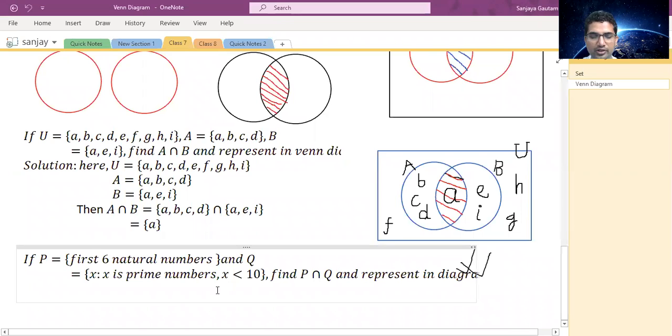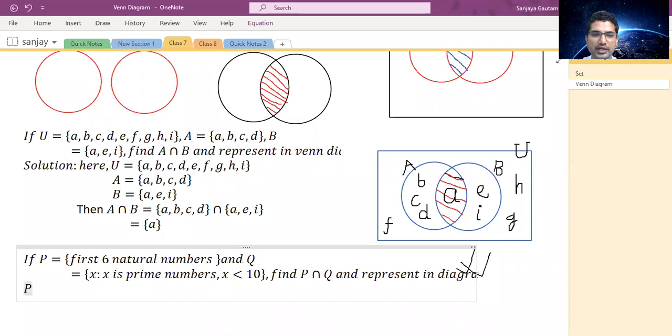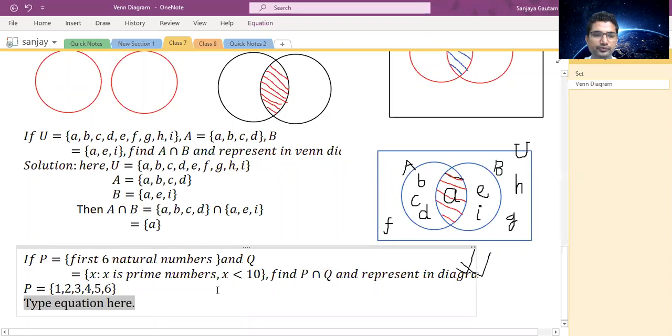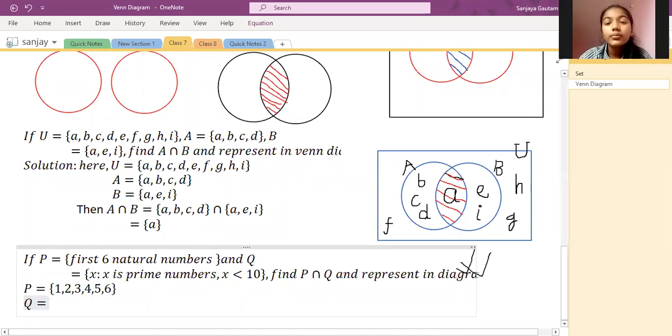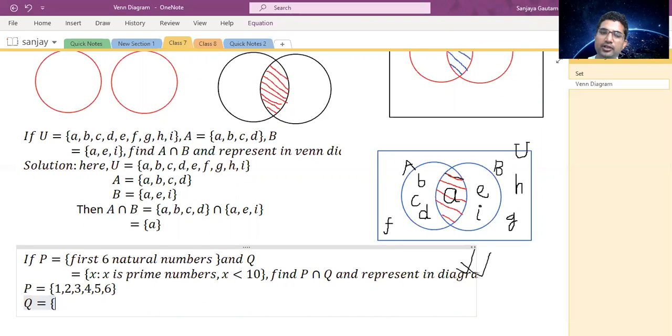Okay, so you can match your answers. So first 6 natural numbers: 1, 2, 3, 4, 5, 6, is it? Q is equal to how much? Q is equal to, x is a prime number, that is, the members of Q are the prime numbers less than 10: 2, 3, 5, 7.